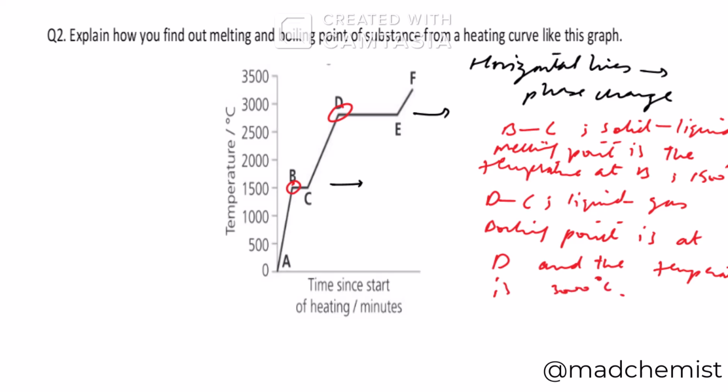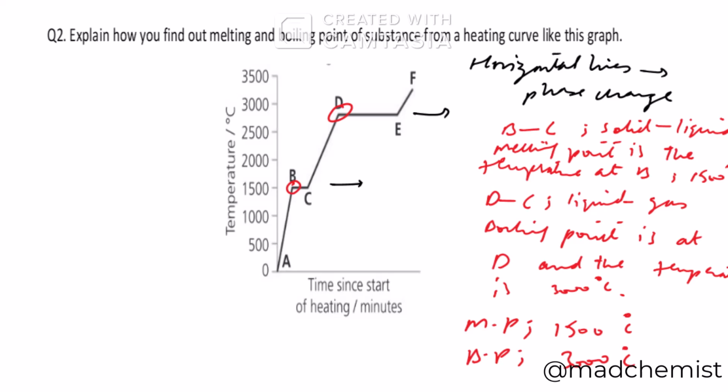Hence, from this heating graph or heating curve, we deduce that the melting point is 1500 Celsius, while the boiling point is 3000 Celsius.